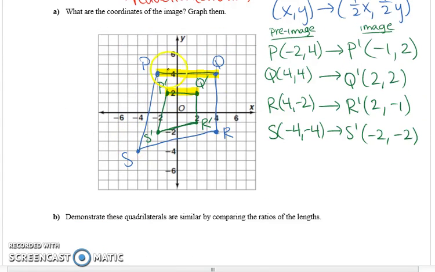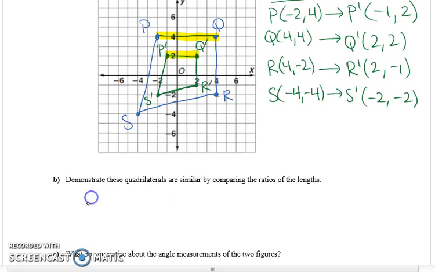The length of P prime Q prime is 1, 2, 3, and the length of PQ in the pre-image is 1, 2, 3, 4, 5, 6. I'm able just to count how many boxes because those are horizontal lines that lie directly on the coordinate plane. So 3/6 reduces to 1/2.